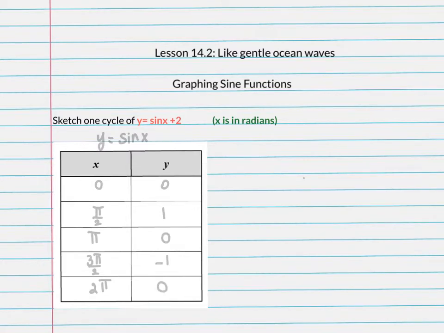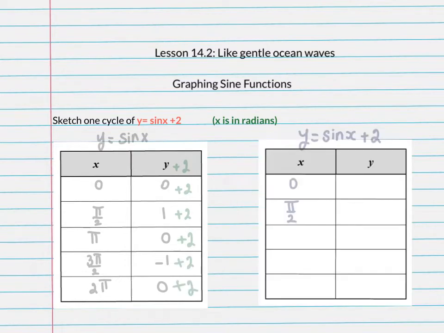Now, since we have a vertical translation by 2 units upward, we need to change the y values. This means we need to add 2 to the y values. So the y must be plus 2, all of them are plus 2. As you can see, the x values in y equals sine x plus 2 don't change.